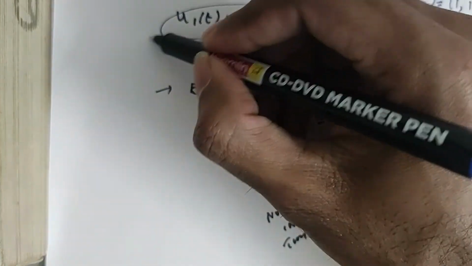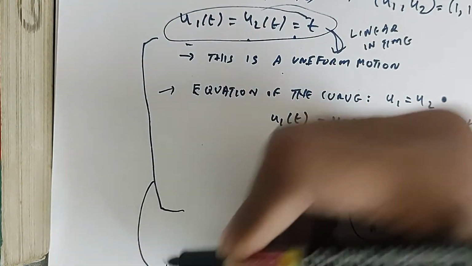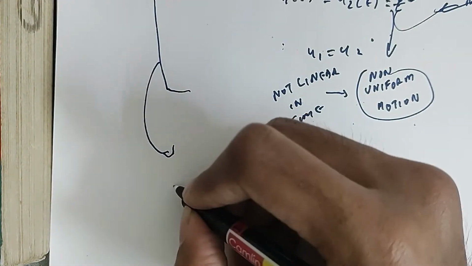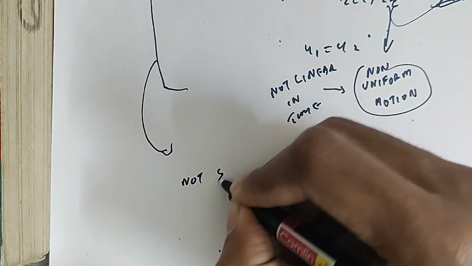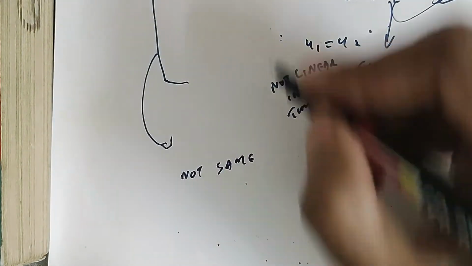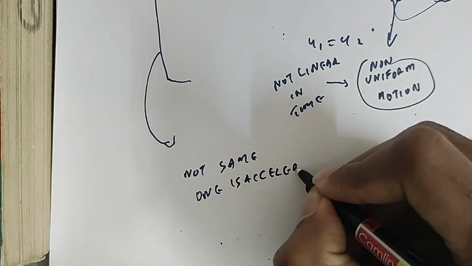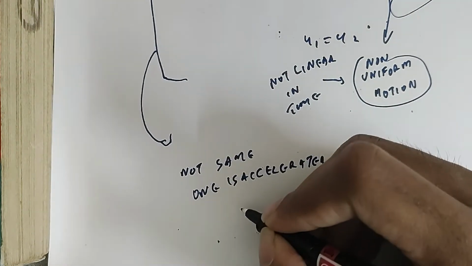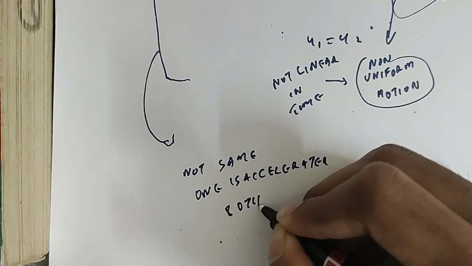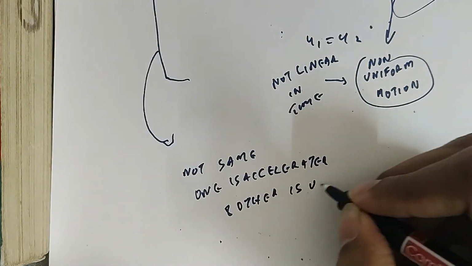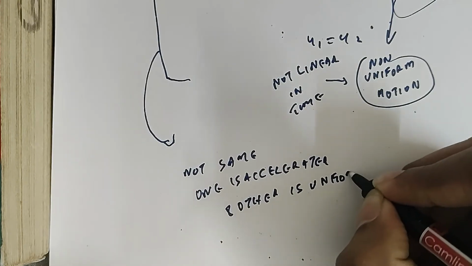So these two motions are not the same. One is accelerated, the second one, and the other is the uniform motion, the first one.